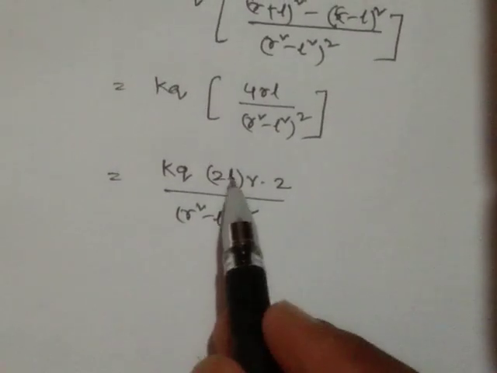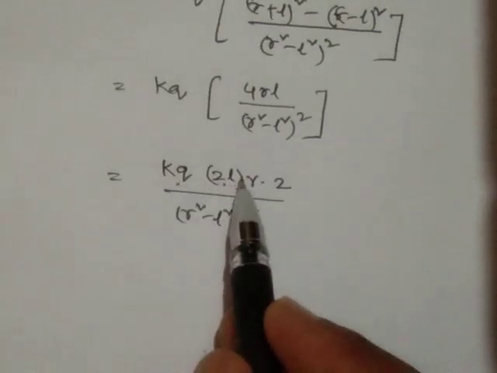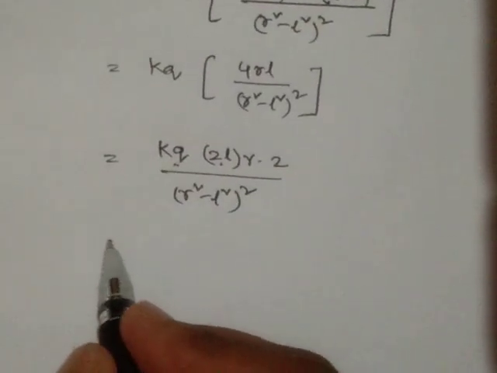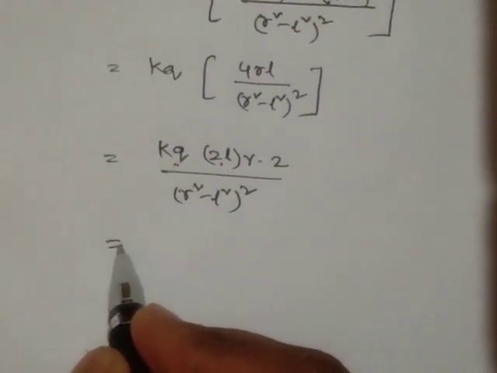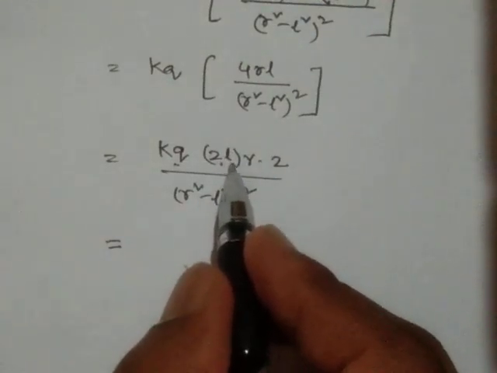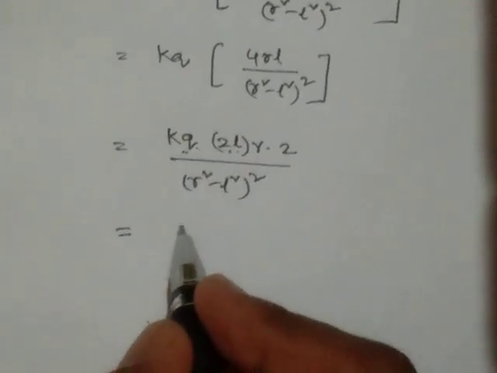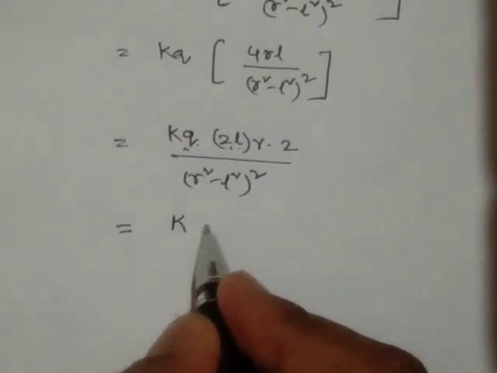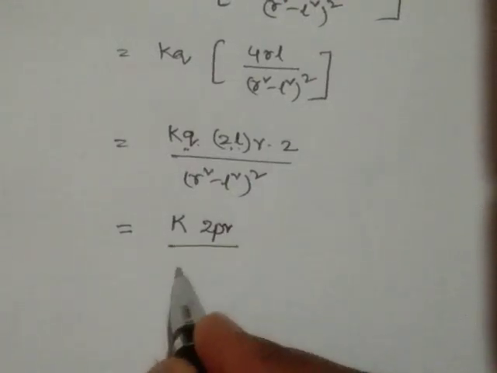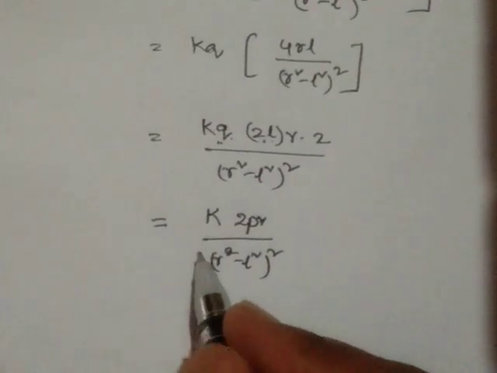Here 2L into Q is nothing but the length of the dipole into the charge, which is the dipole moment. I think you remember the dipole moment concept. Replacing 2L into Q with p, the end result is k into 2pr by r square minus L square whole square.